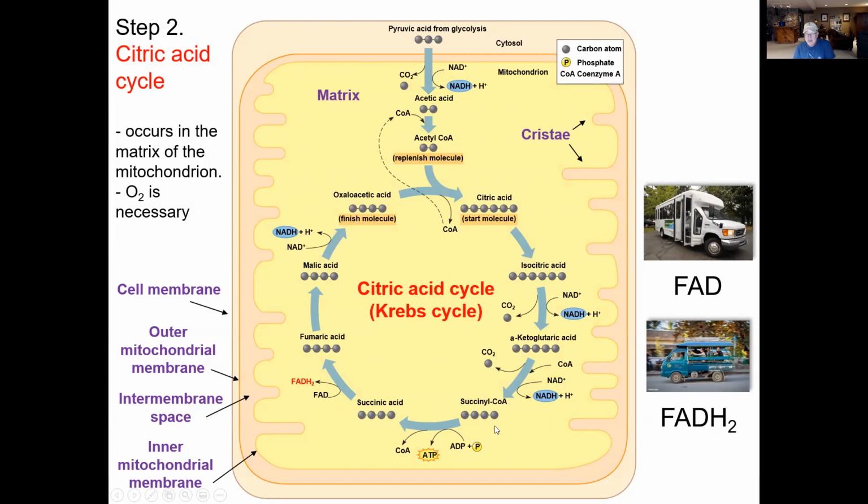What I'm trying to get you to think about here in terms of an analogy is, if NAD+ was the empty big school bus and NADH was the full big school bus, then FAD is the empty shuttle bus, which, when it gains passengers in the form of electrons, becomes FADH2. That's our fully loaded but smaller capacity bus.